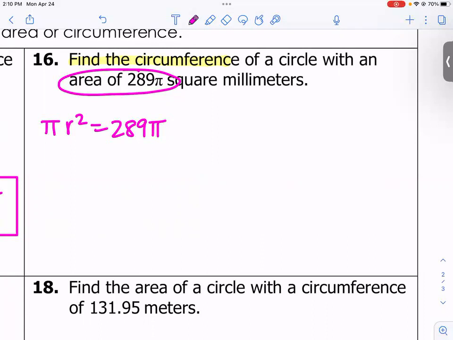First you have to divide by pi. And let's let Jake do it. So r squared equals 289. So then how do we get r? Okay, and so r is what?